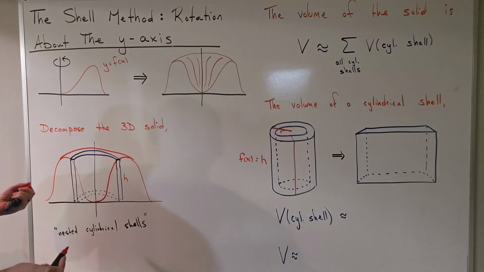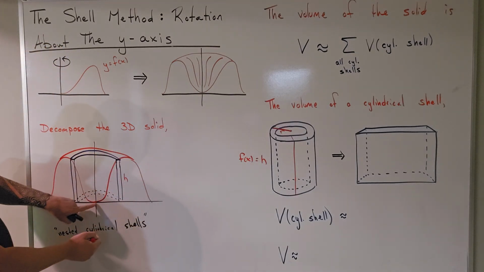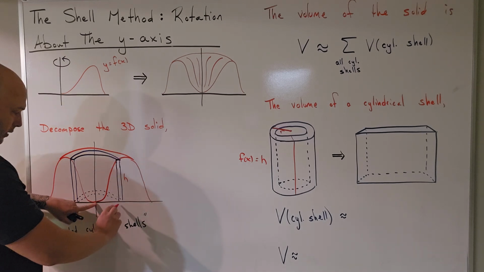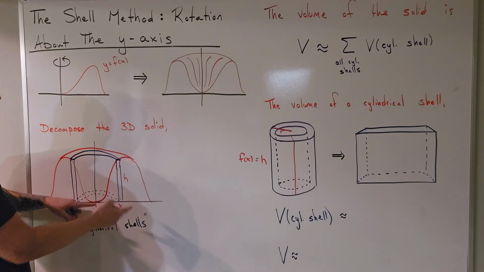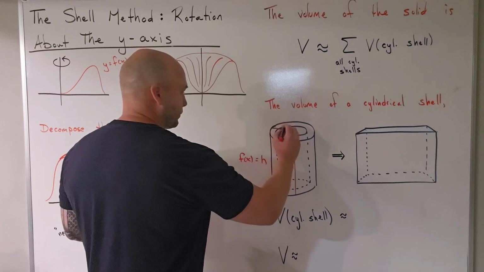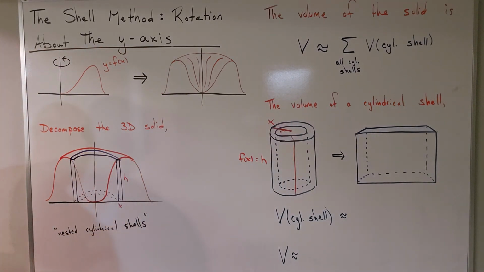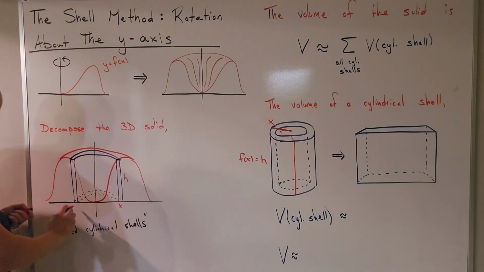Well, what is that distance? Again, that's going to go from the y-axis out to a point on here, and let's say that's x. So the distance from here to here, the inner part of the cylinder, let's call that x. And then the width of this is delta x.